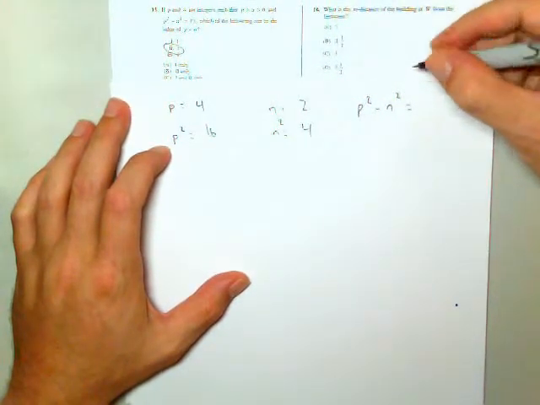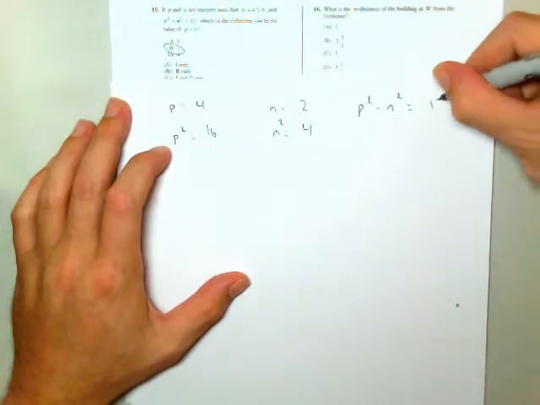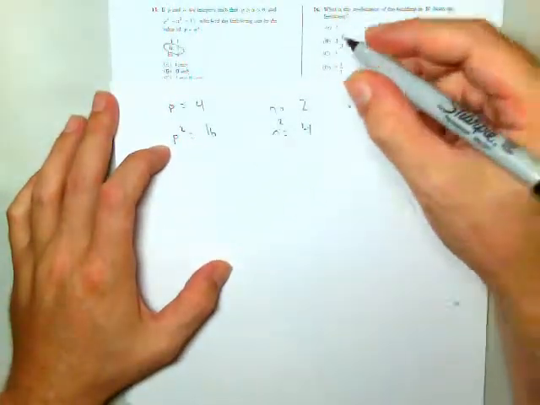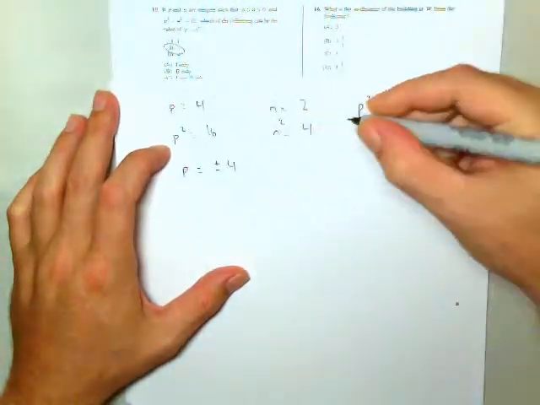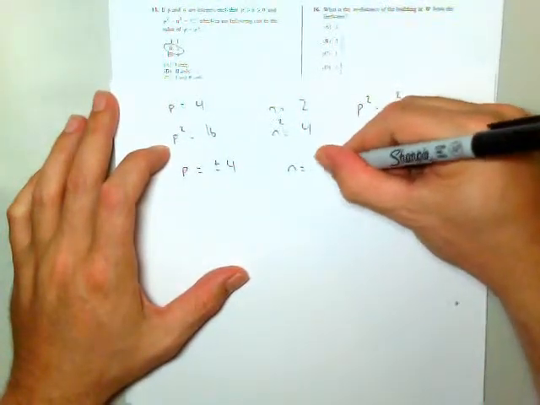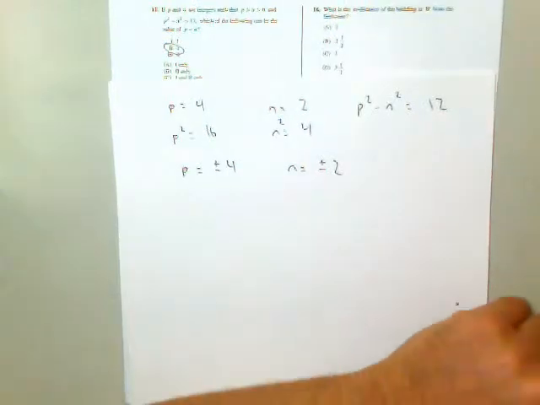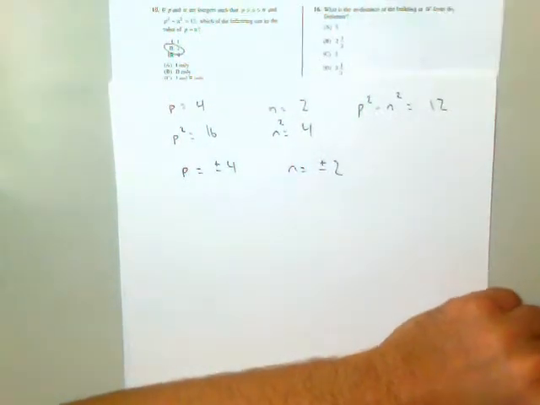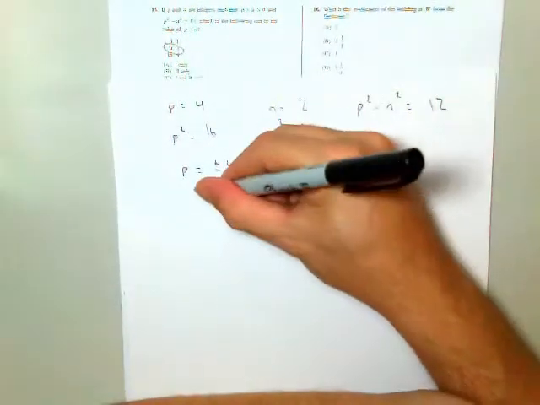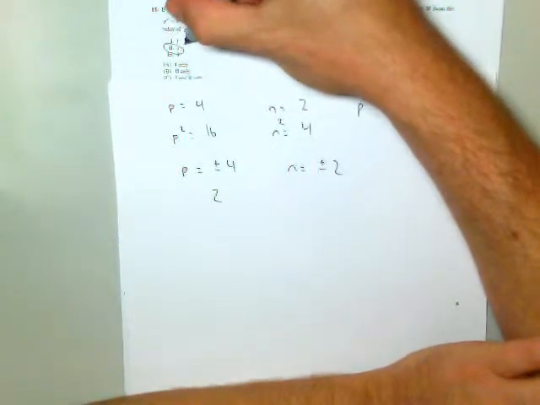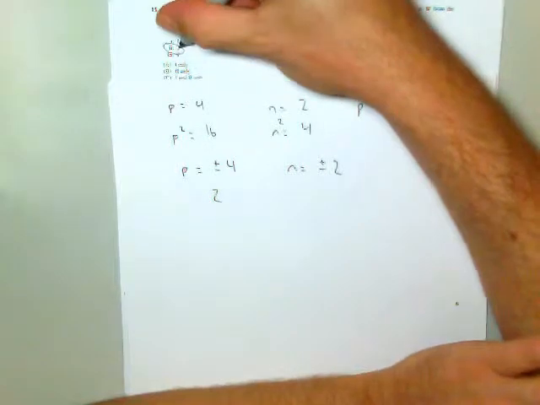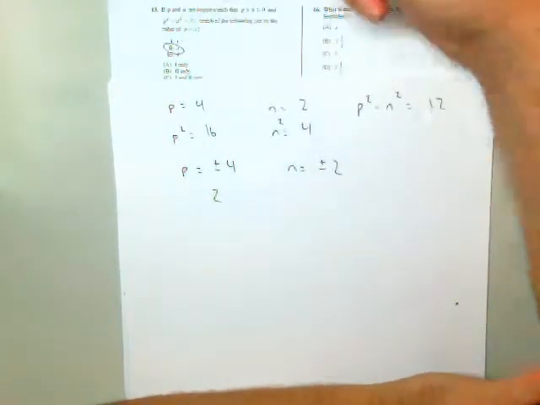n squared is 12. So p can actually equal plus or minus 4, and n can equal plus or minus 2. But p minus n, here are the numbers I could get. I could get 4 minus 2, or 2. That's on there. And that's our answer choice, by the way, is 2 only. Now it's just coincidental that Roman numeral 2 is the number 2.